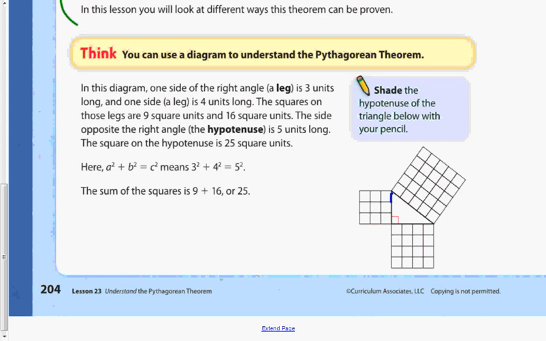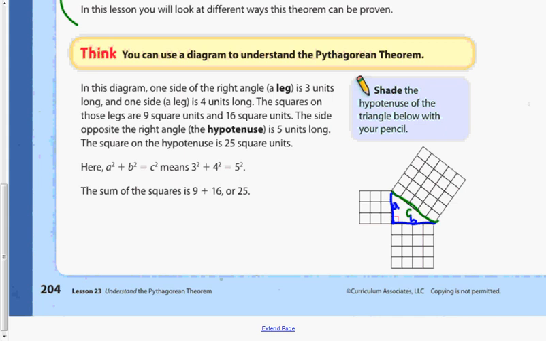So 1, 2, 3. That's going to be our a, smallest to largest. And that's 3 units. And one side length is 4 units. That's always going to be our b. So the two smaller are the a and the b. And then the longest side length, which is c, is 5.